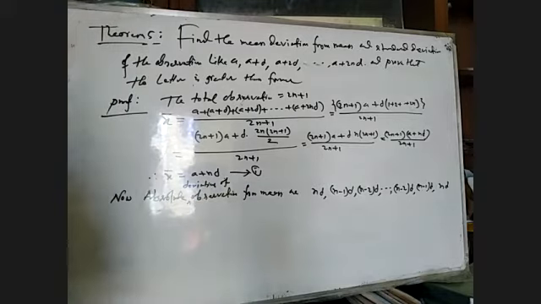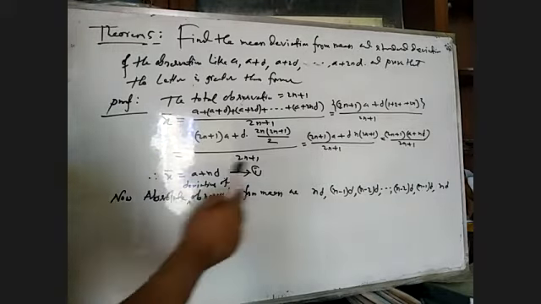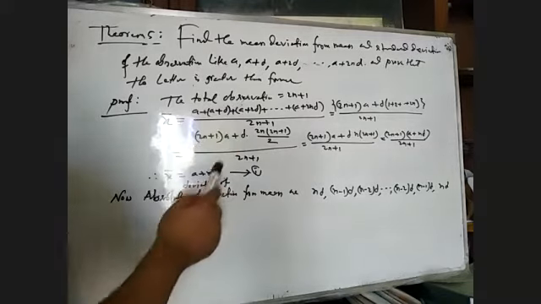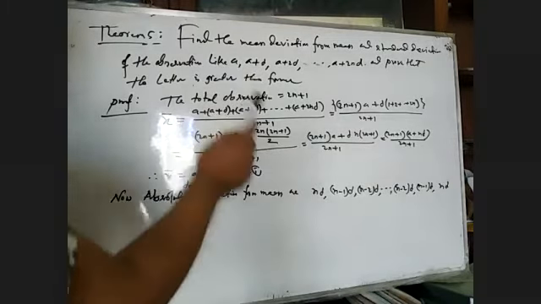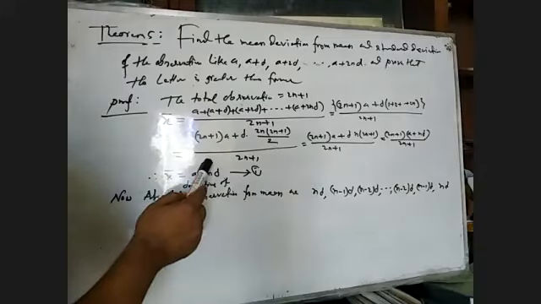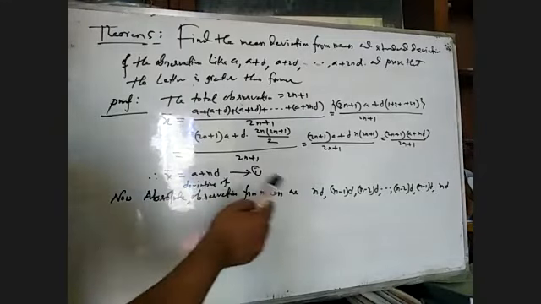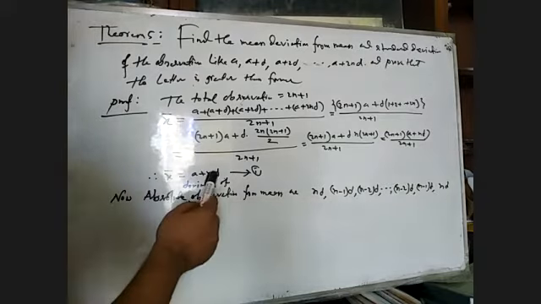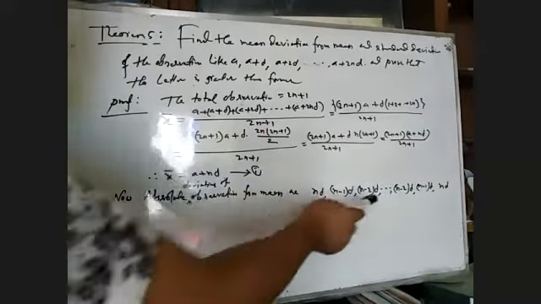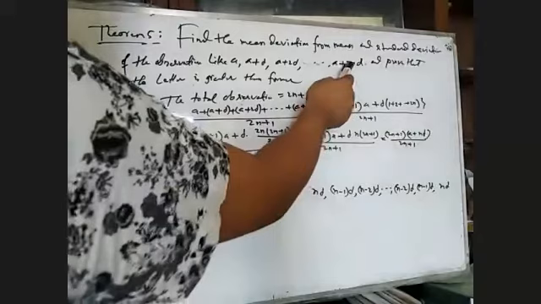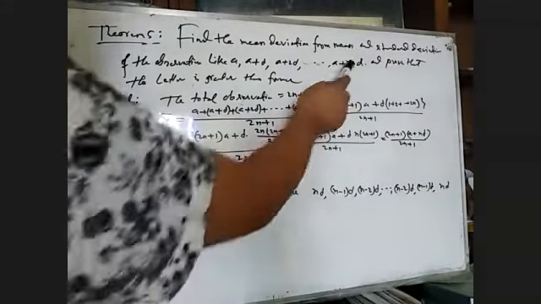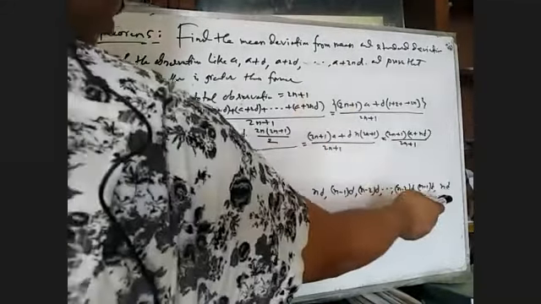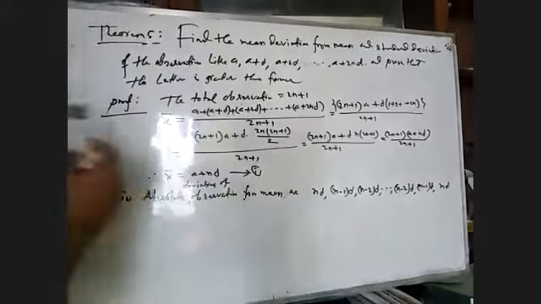That means the first term will be a minus a plus nd, what will be? nd. And the second term, (n minus 1)d, and the third term will be this one. In this way, the last term what will be? nd. Okay, remember it.